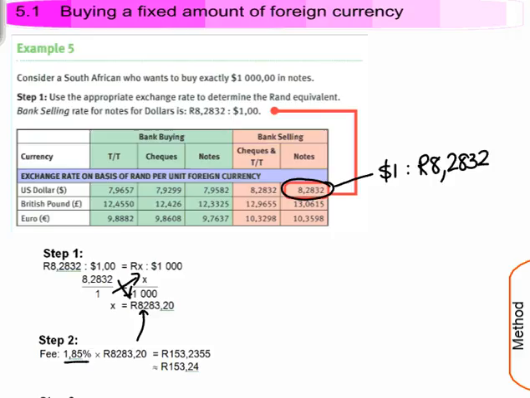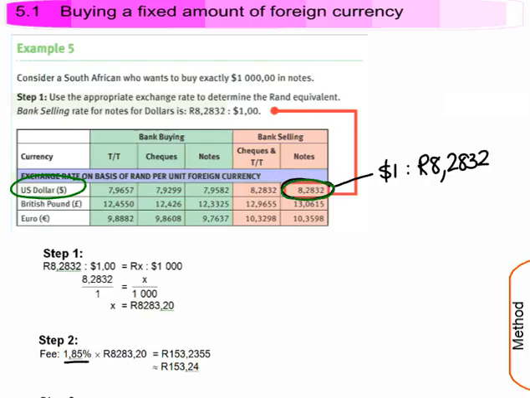Right, buying a fixed amount. So I am going to America and I want exactly $1,000. So what I'm going to do, first you have to check the exchange rates, okay? If you're not sure, a US dollar, by now you should be more or less sure.